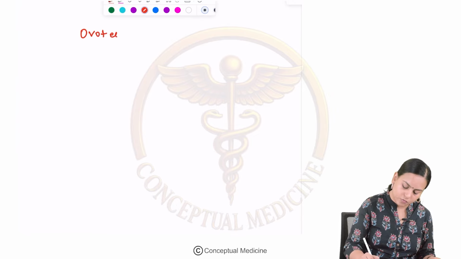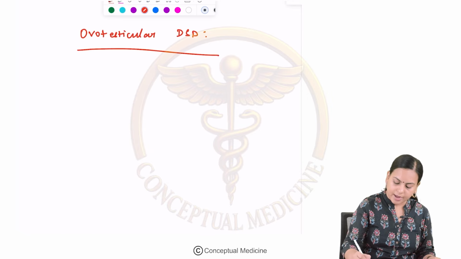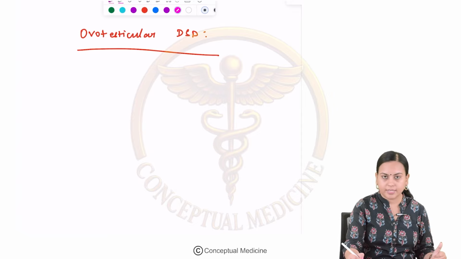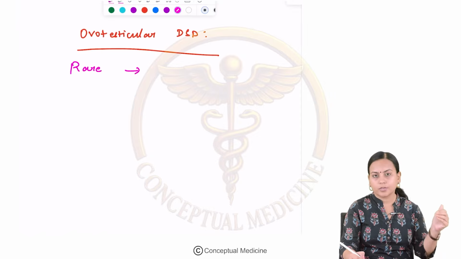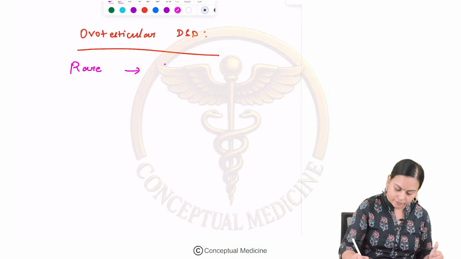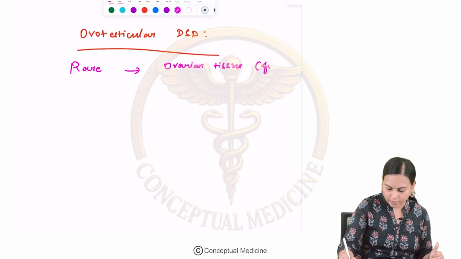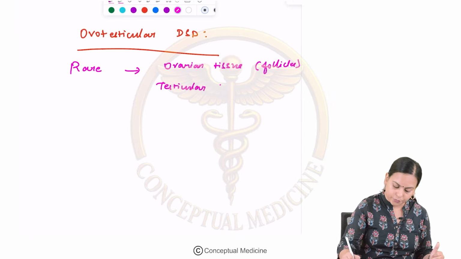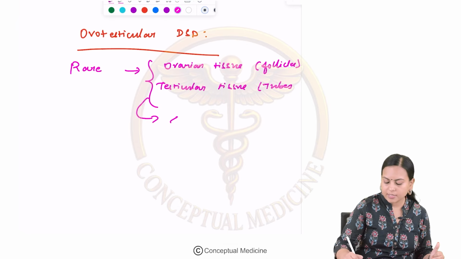This ovotesticular disorder of sexual differentiation is actually one of the rare presentations of sexual differentiation disorder. So, it is rare. Why is it called ovotesticular? Because it will have the ovarian tissue with the follicles as well as the testicular tissue with the tubules in the same individual.